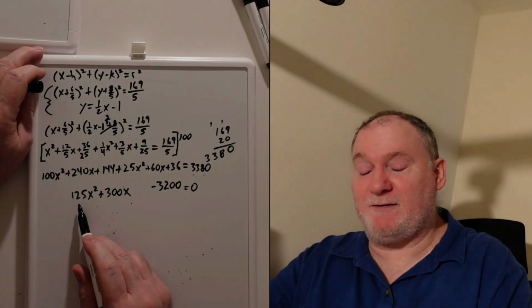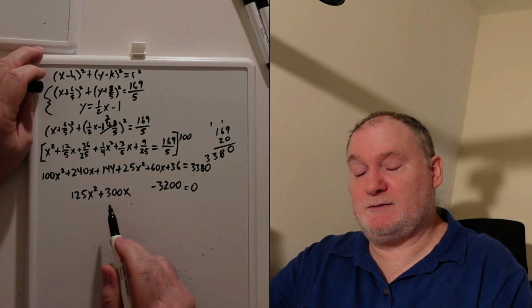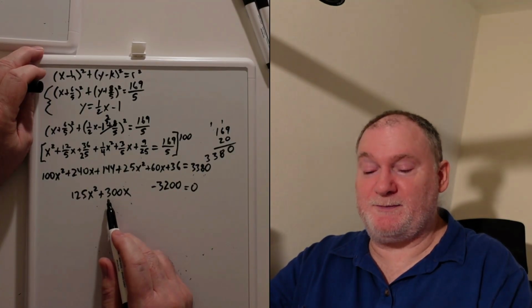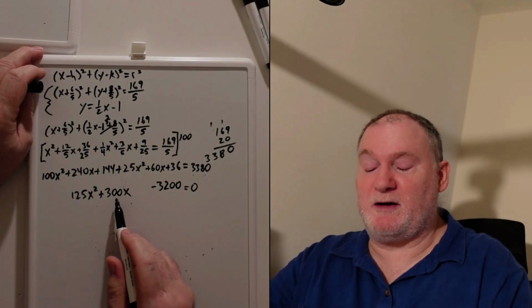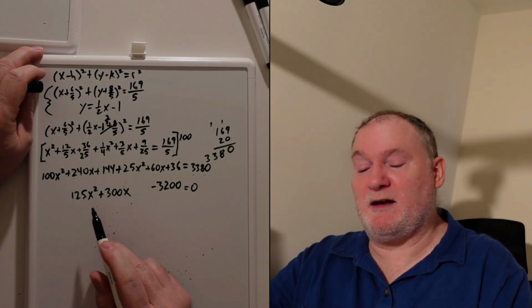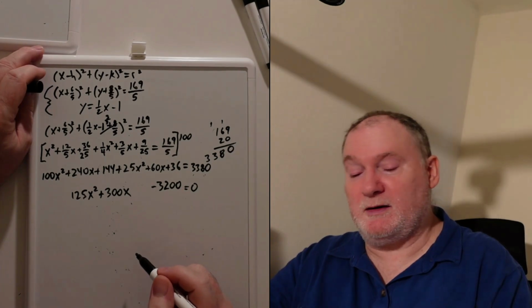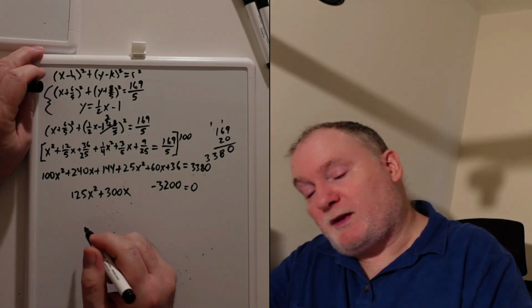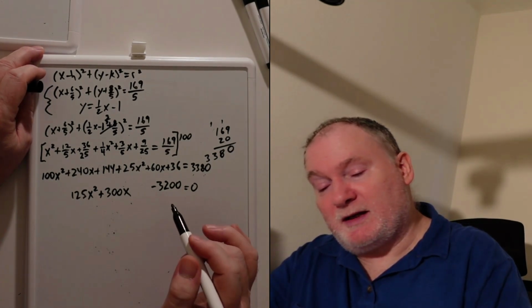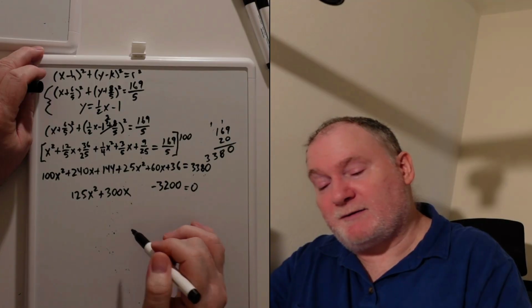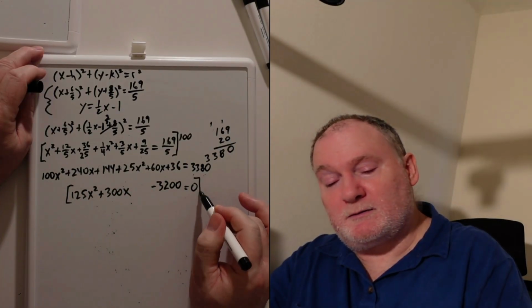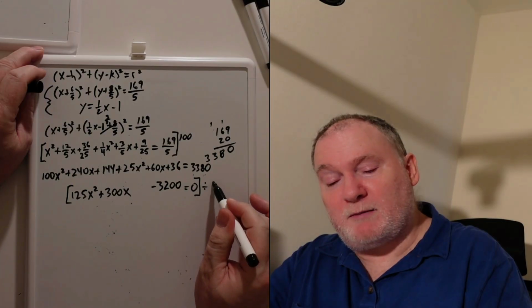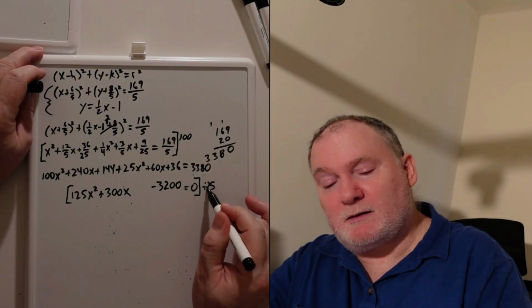You'll be left with a 5, and this is a 3, and leaving from 100 is 4, so you're not going to get anything else out. So let's divide everything by 25.